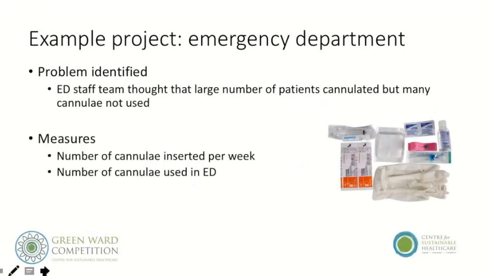So they identified some measures to track the progress of their project. They counted the number of cannulae inserted each week. They got staff to record it as they were doing it, and they also recorded whether each cannula was used while the patient was still in the emergency department.